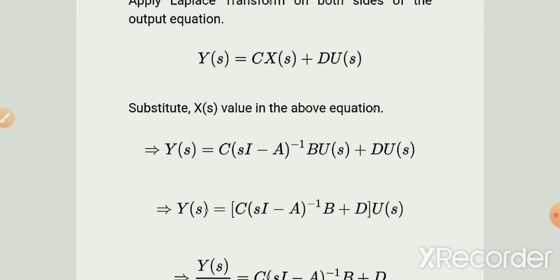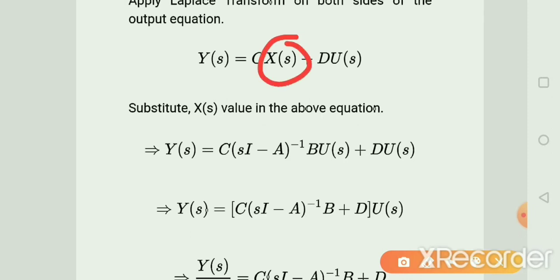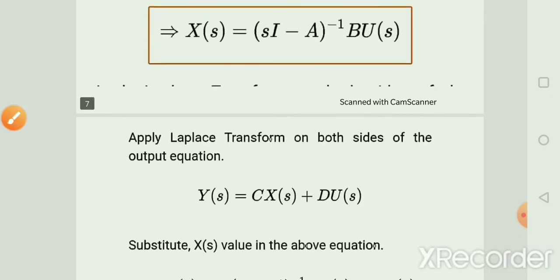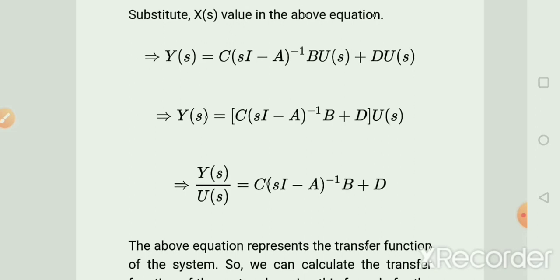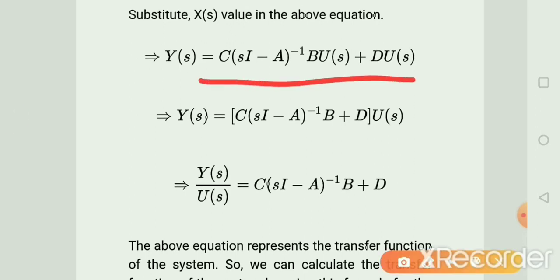Now we substitute the value of X(s), which is (sI minus A) inverse into B into U(s). When we put this value here, we get the value of Y(s) over U(s), which is the transfer function. So it is C into (sI minus A) inverse into B plus D.